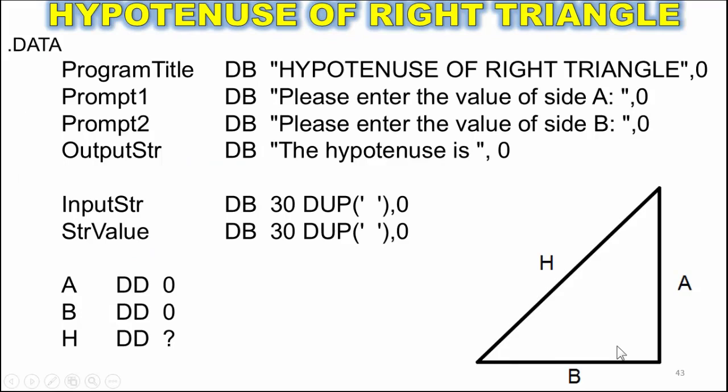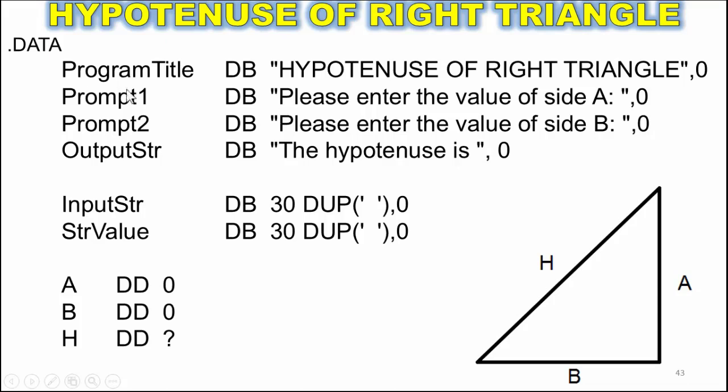Let us put up the actual code for the hypotenuse of the right triangle example. The program prompts the user to input the value of side A and side B as decimal numbers and calculates and displays the hypotenuse.